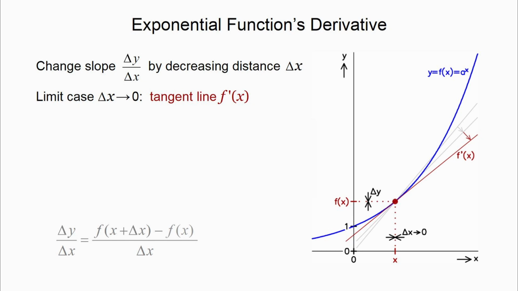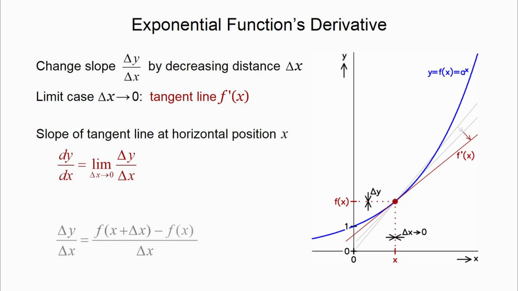Here, this tangent line is referred to as f prime of x. The derivative dy over dx, that represents the slope of this tangent line, is therefore the limit for delta x going to 0 of the intersection line's slope delta y over delta x.